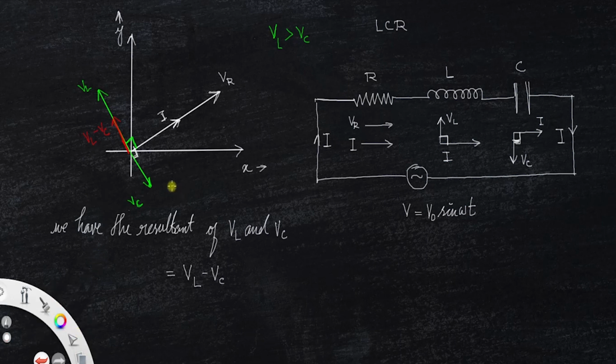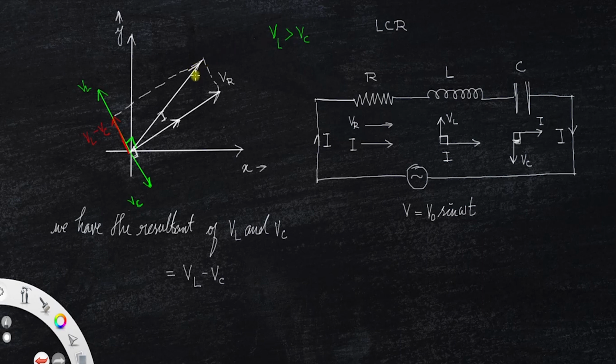Now we need to find the resultant of VL minus VC, the resultant of VL and VC with VR. For that, let us complete the parallelogram like this. And this diagonal will give the resultant voltage vector.